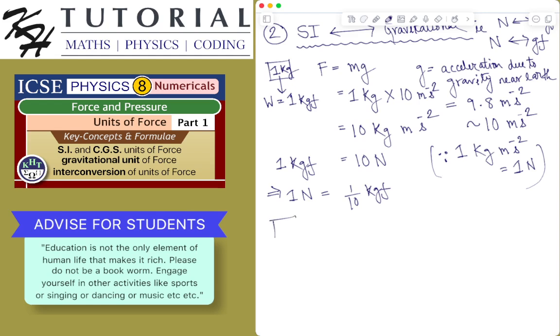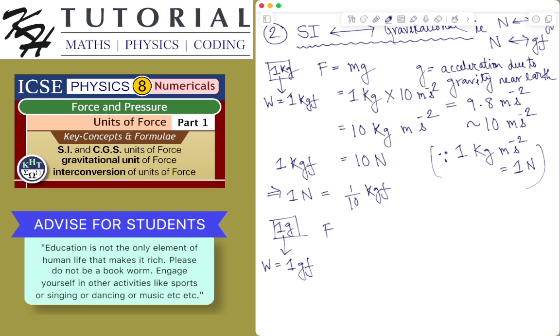We know that if there is a body of 1 gram, its weight is 1 gf. The gravitational force that is acting on a body of 1 gram is its weight, or it is 1 gf.